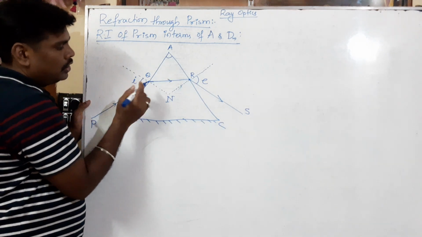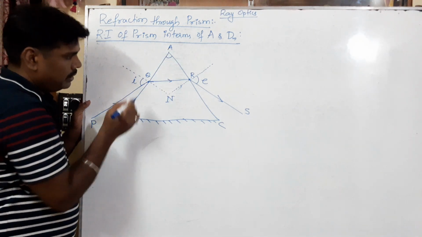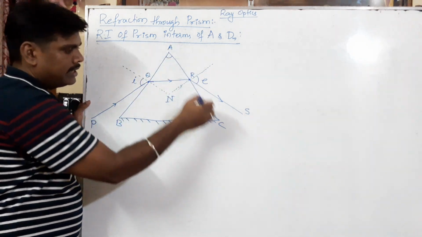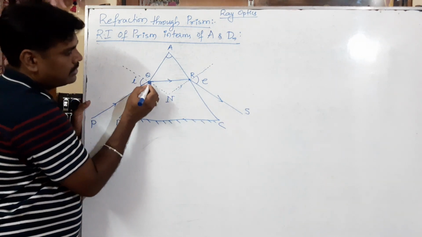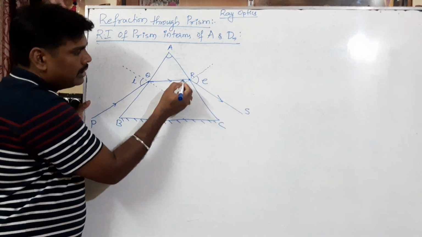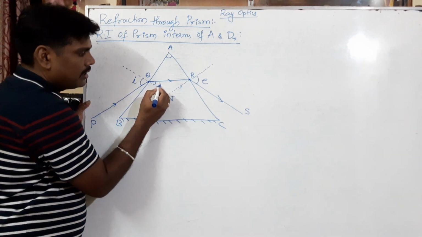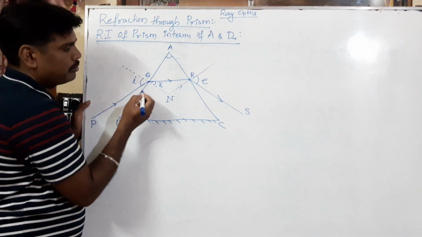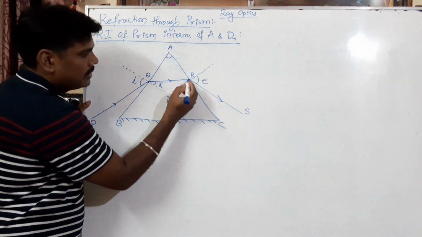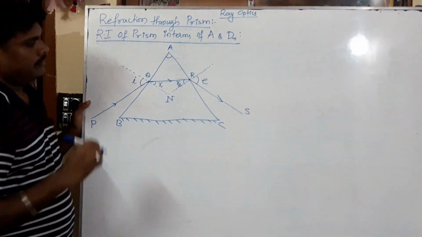Now there are two refractions: refraction by the first surface AB at point Q, and refraction by the second surface AC at point R. That's why the angle between the normal and the refracted ray is treated as the angle of refraction. Let us say R1 is the angle of refraction produced by the first surface and R2 is the angle of refraction produced by the second surface.